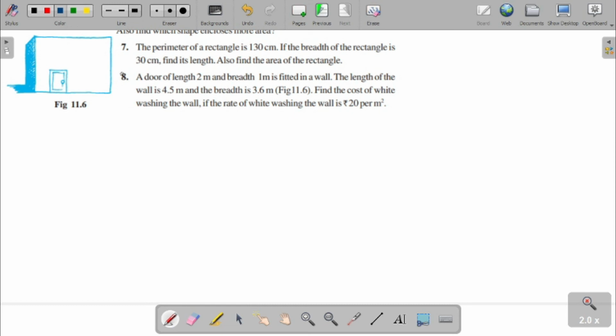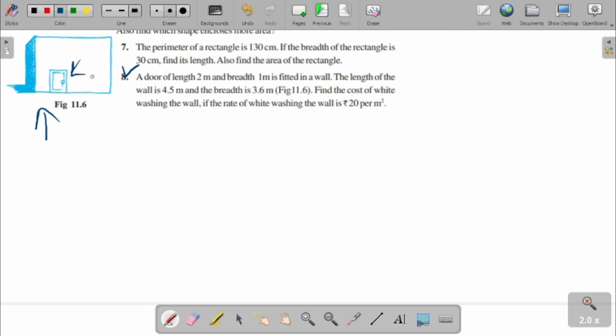In question number 8, this is the figure. There is a wall. In this wall, there is a door. So we have to find the cost of whitewashing. So we have to find the area of the space. Though it is a simple wall we can paint, we have to subtract the area of the door, since we have to whitewash the remaining part only.